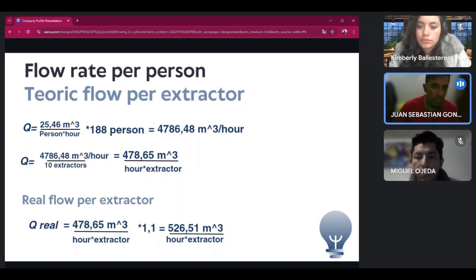And finally, the last result is multiplied by the safety factor of 10% to have our real flow per extractor. And this result is 526.51 cubic meters per hour per extractor.